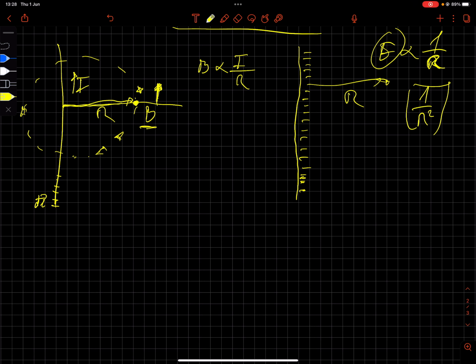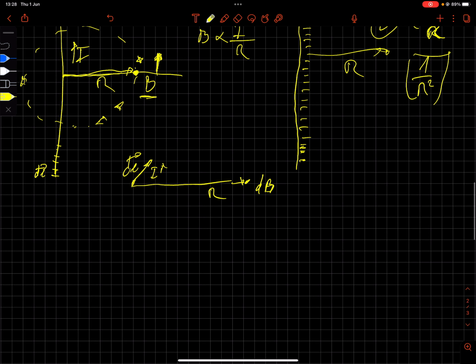So let's say that we have dl, and through that dl we have some current, and at this point here we want to calculate the magnetic field.